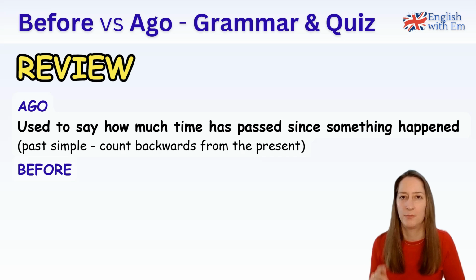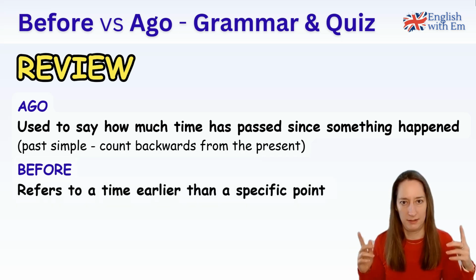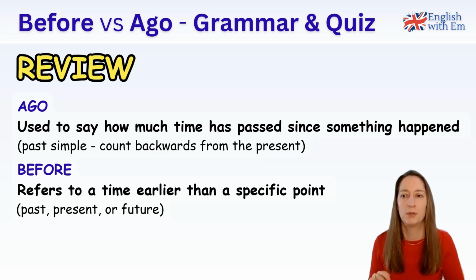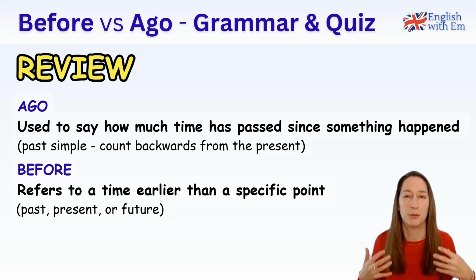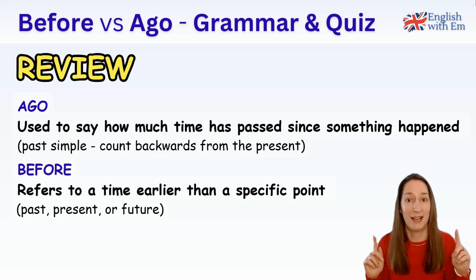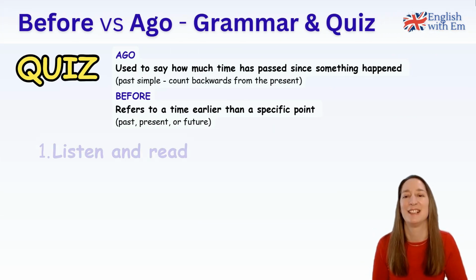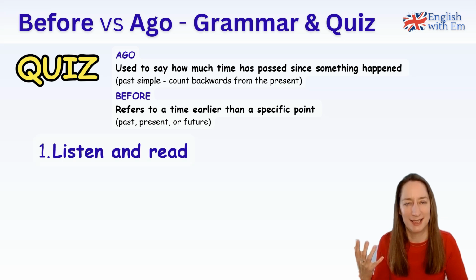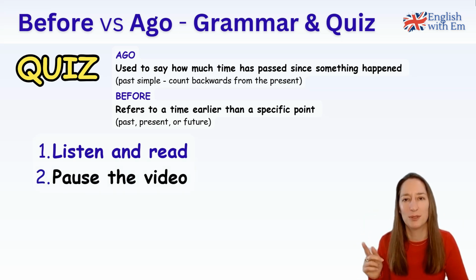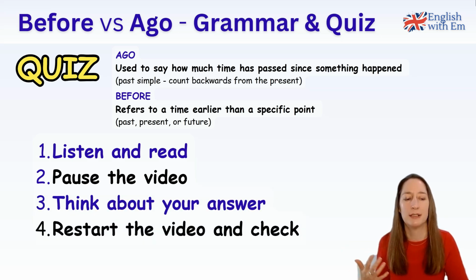We use before to refer to a time earlier than a specific point, which can be in the past, present, or future. Now it's time to test what you've learnt with the quiz. So first, listen to the sentence and read it on the screen. Pause the video and think about your answer, and then restart the video and check your answer.